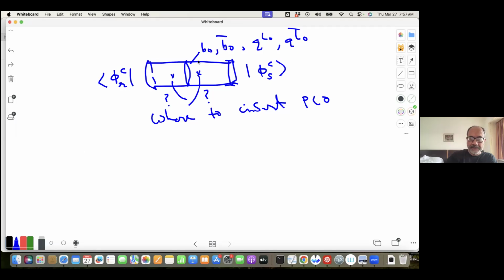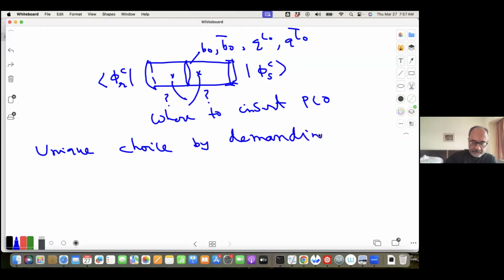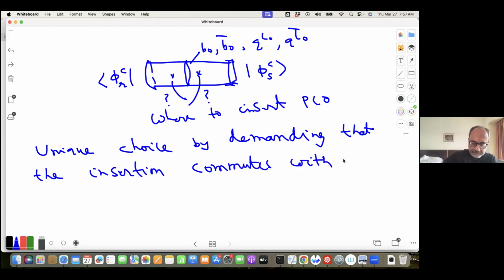And it turns out that there is a unique choice, by demanding that the insertion commutes with B0 minus.